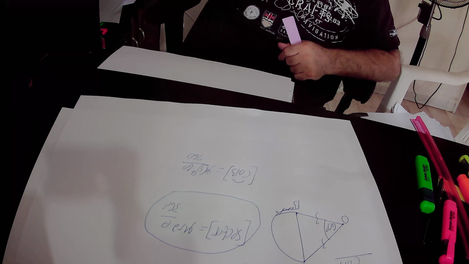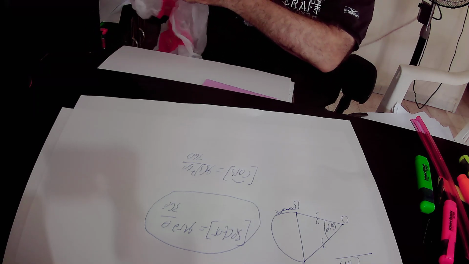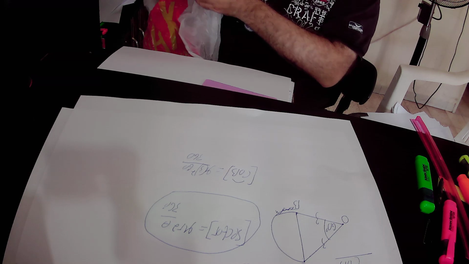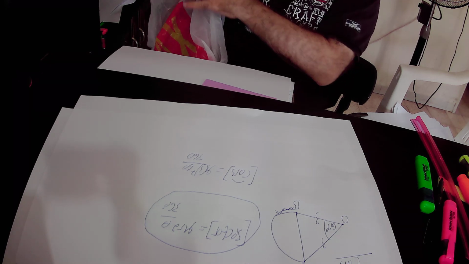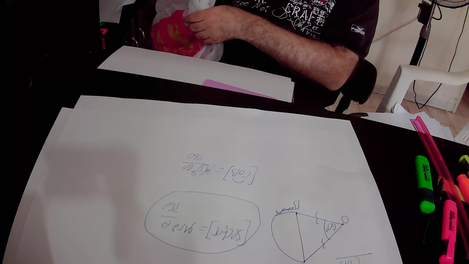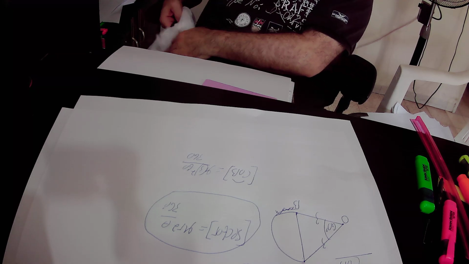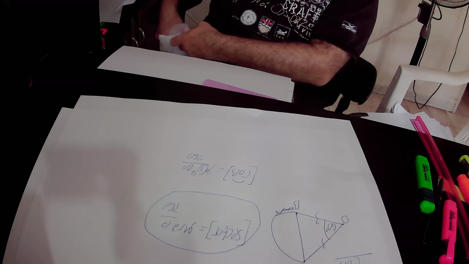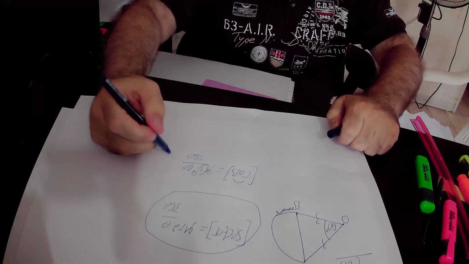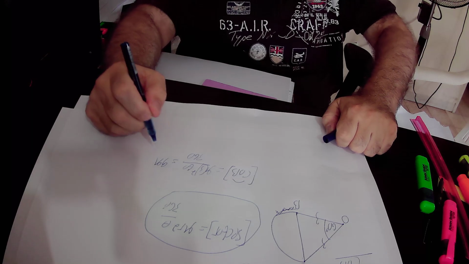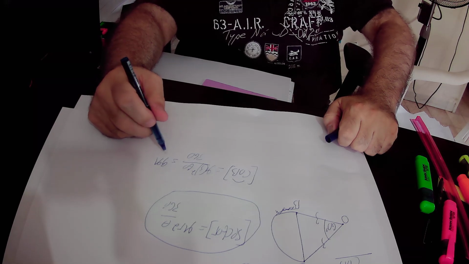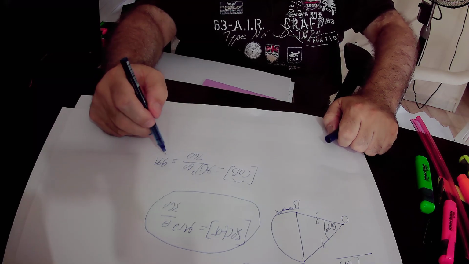So actually this expression equals 9 pi, and 60 degrees over 360 degrees is 1 over 6, so in total this expression will be equal to 9 pi over 6.